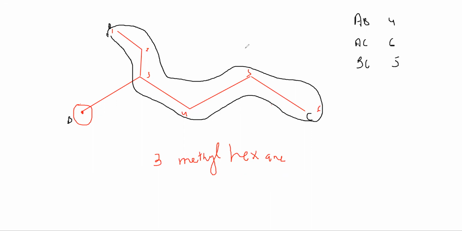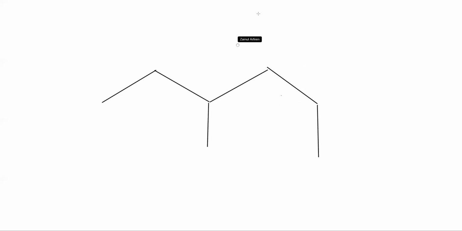Yes, after selecting the longest carbon chain, the part which is left is called a branch. Now you have to name this.